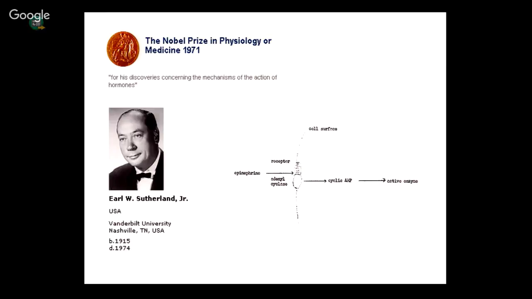Remember that the number of first messengers is very, very low, and one ligand can only bind to one receptor. That's 1-to-1. However, if the receptor can only activate one G protein or produce one cyclic AMP, the response will not be strong enough. So how can the signal get amplified?